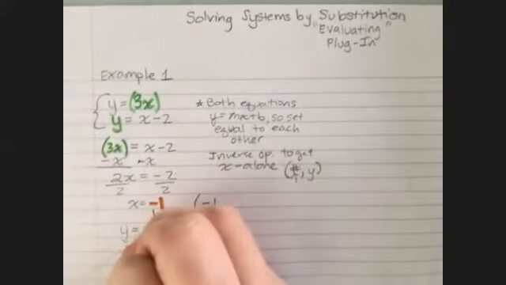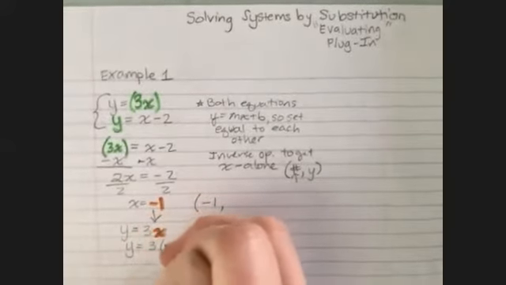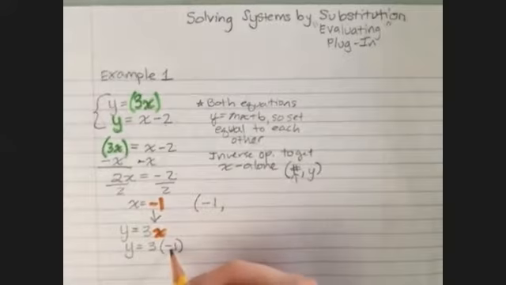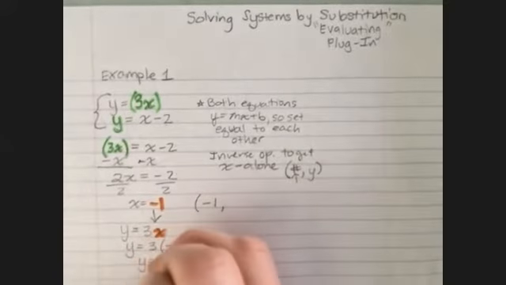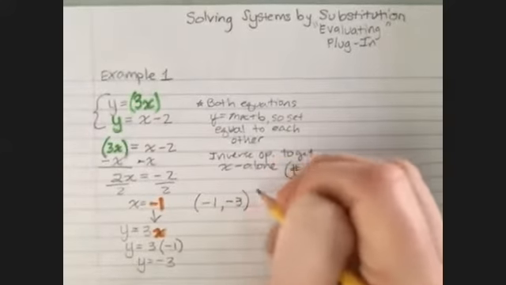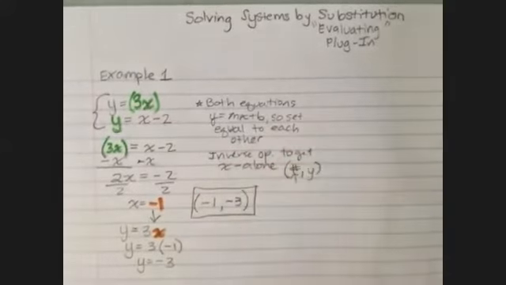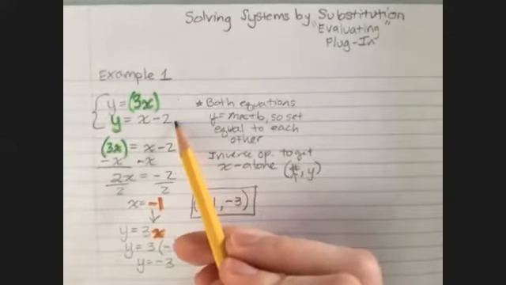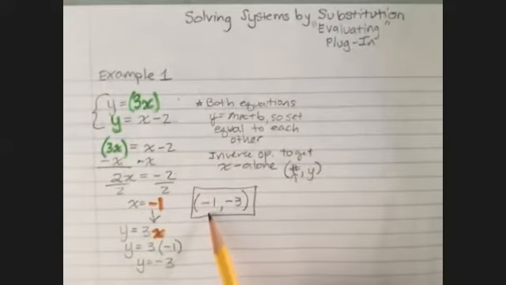Well, when you plug him in, what you notice is you've now eliminated the x's because you're solving for the y. And 3 times negative 1 is negative 3. I now have my solution to the system. The point at which these two equations will intersect and meet will be at negative 1, negative 3.